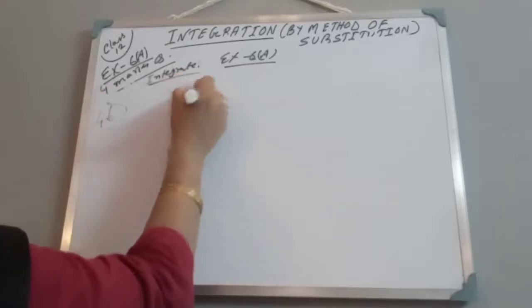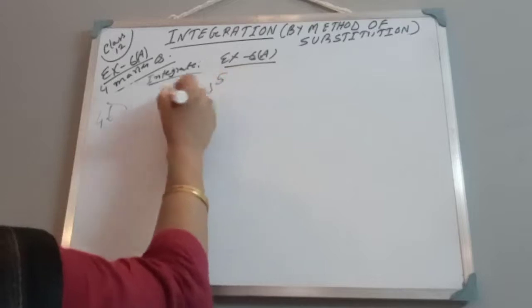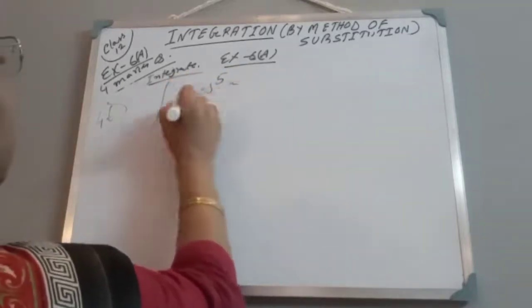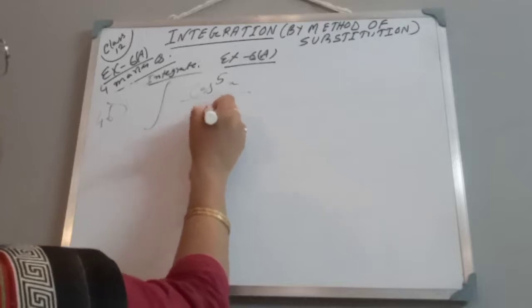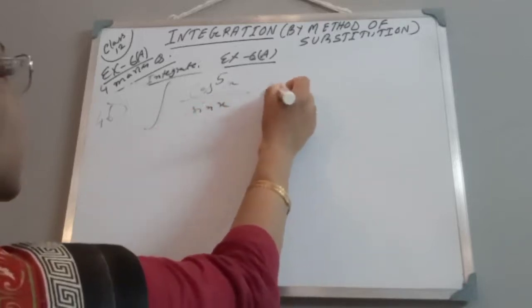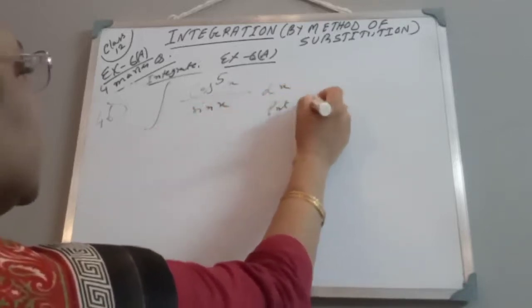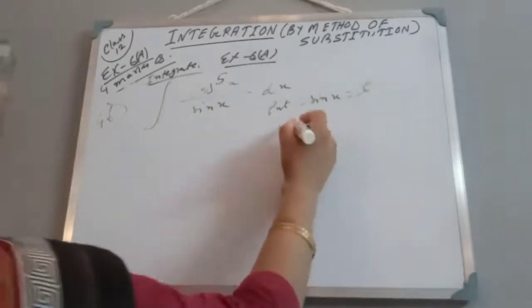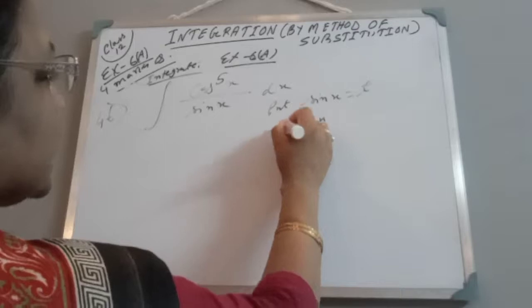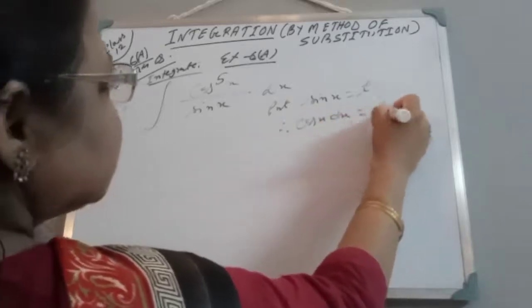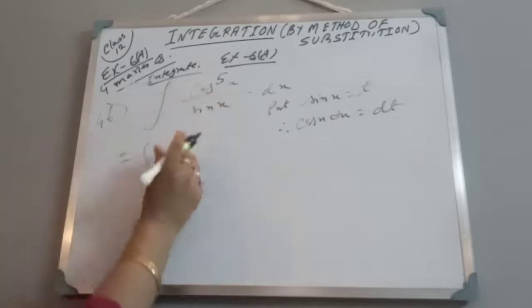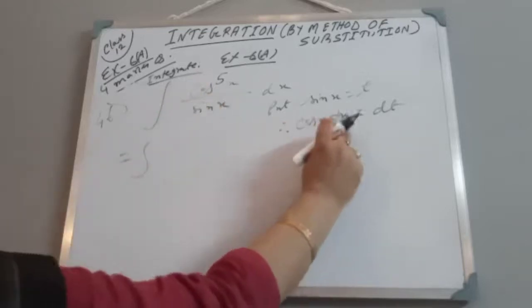46. Integral cos to the power 5x by sin x dx. Put sin x equal to t. Okay, therefore cos x dx is equal to dt. Now what we will do here, since it is cos to the power 5, we need cos x dx.